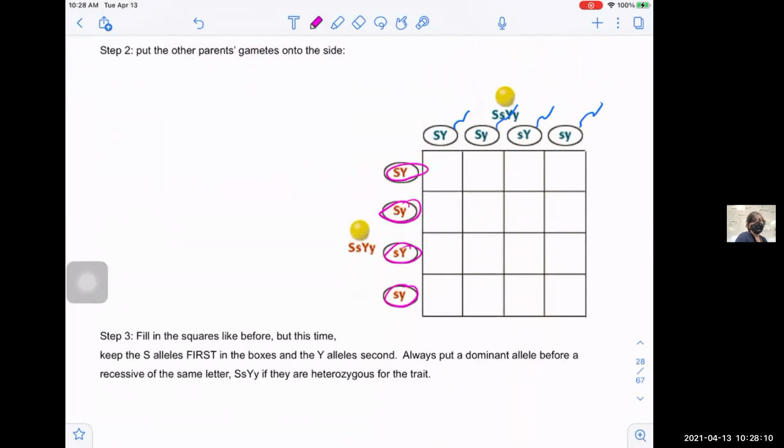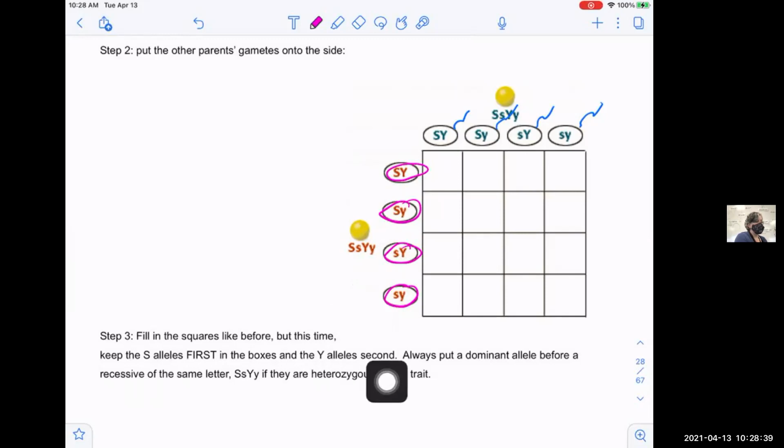So now you're gonna fill this in just like you did before, but there's a few rules now that you have to keep track of, okay? The first one is always write the S alleles first. They're first in the gametes, so write them first in your child when you write the genotype. And then write your Y allele second.